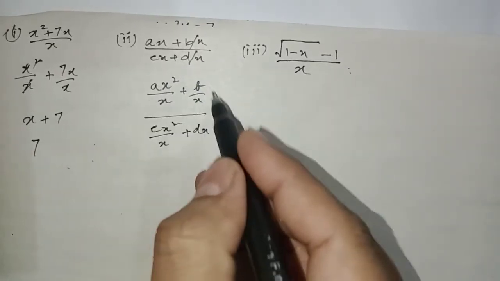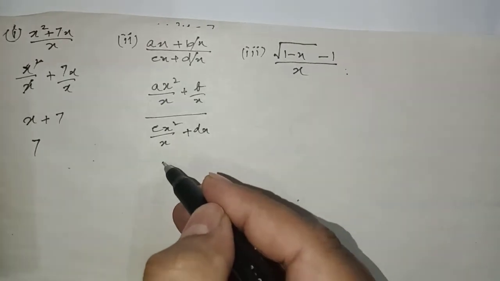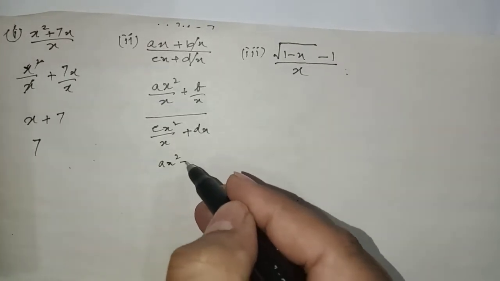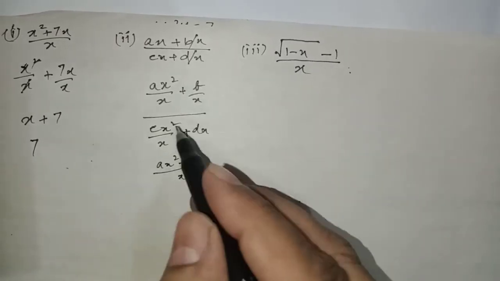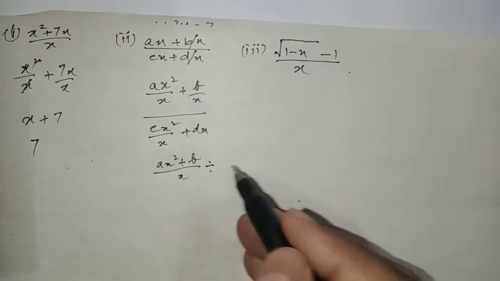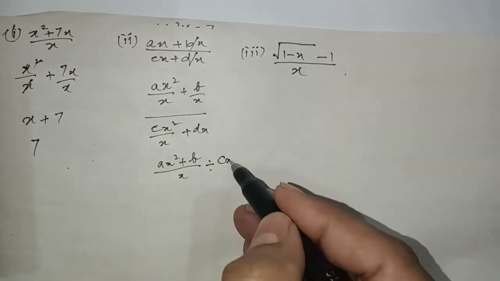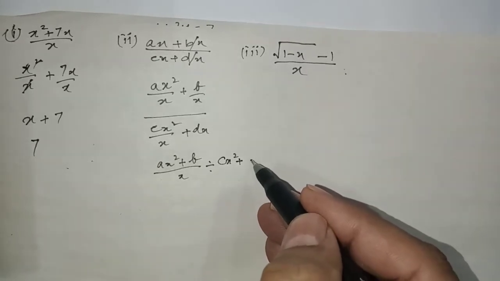Now this part of the equation can be further simplified as (ax square plus b) upon x divided by (cx square plus d) upon x.